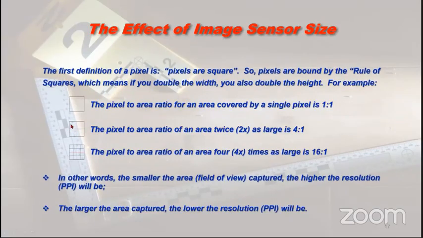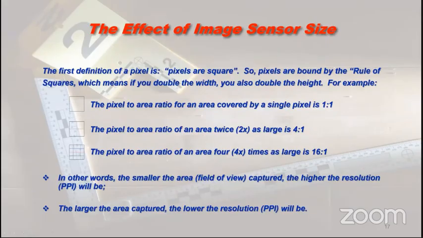And because pixels are square, you can see that 1 pixel is 1:1. At just doubling the resolution, I'm going to have a value that is 4 times larger. And then to expand that out even further, when we get out into something that's 4 times as large, I've got 4 pixels horizontally, 4 pixels vertically, making it into a square that's 16.